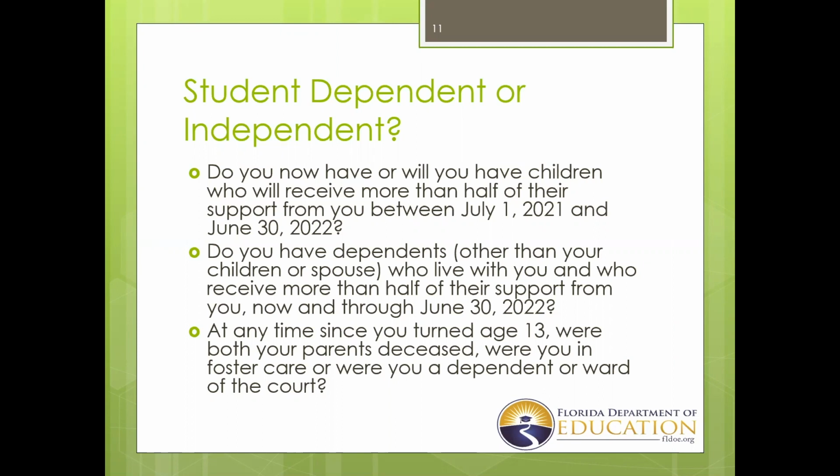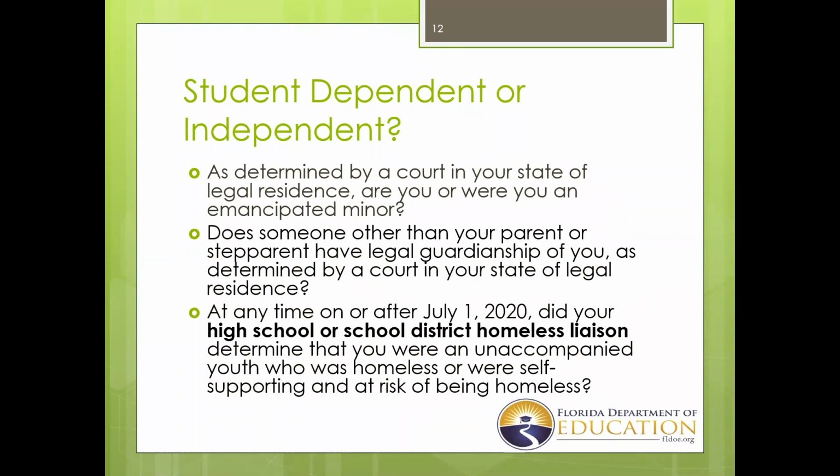At any time since you turned age 13, were both your parents deceased? Were you in foster care? Or were you a dependent or ward of the court? As determined by a court in your state of legal residence, are you or were you an emancipated minor?